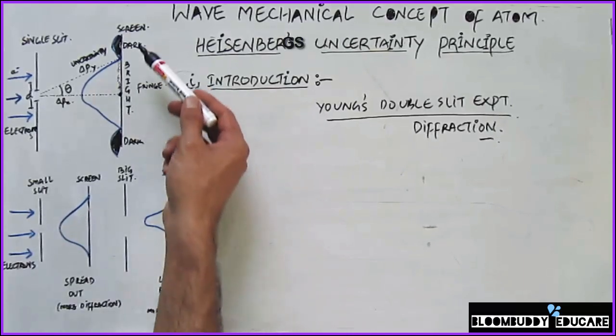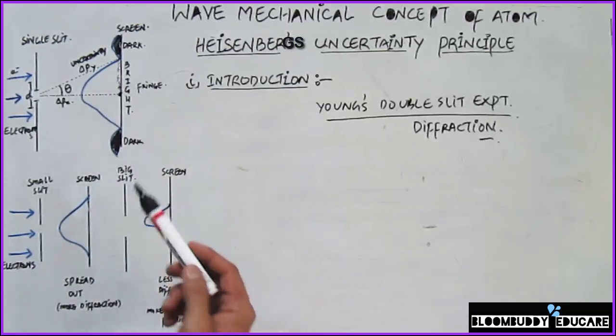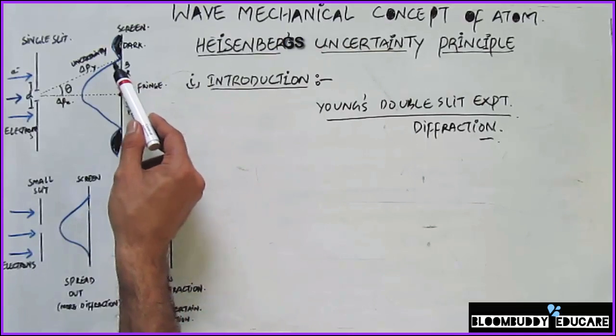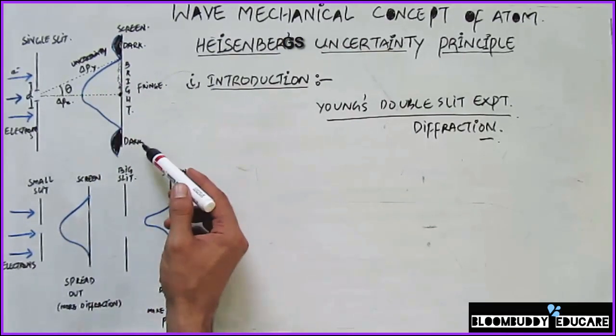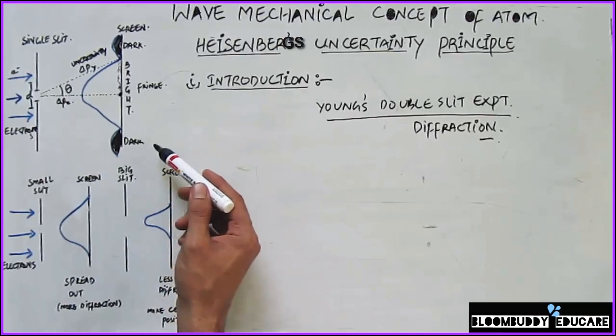We call them the dark fringe and the bright fringe. In the bright fringe, there is constructive interference, whereas in the dark fringe there is destructive interference.